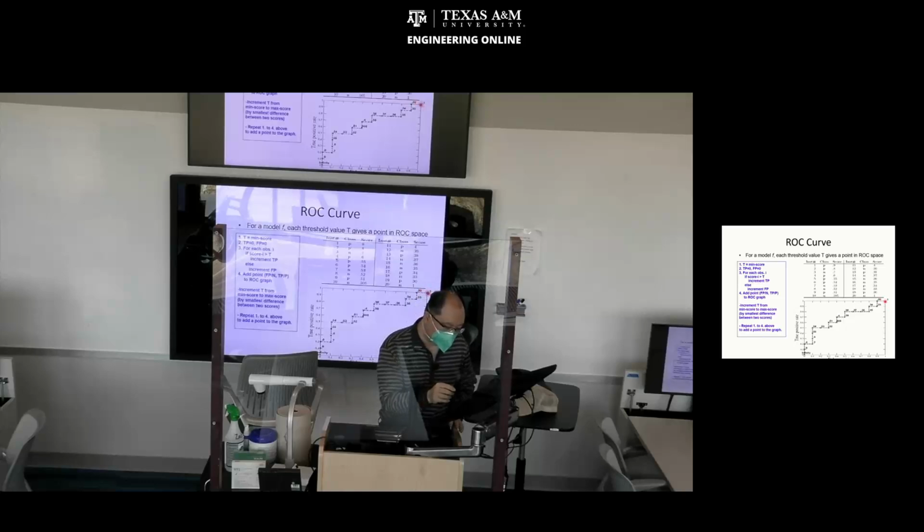Then we gradually increase the threshold from minus infinity, and the first time that threshold change will result in a sensitivity or specificity change is when that threshold reaches the smallest score, like 0.1.